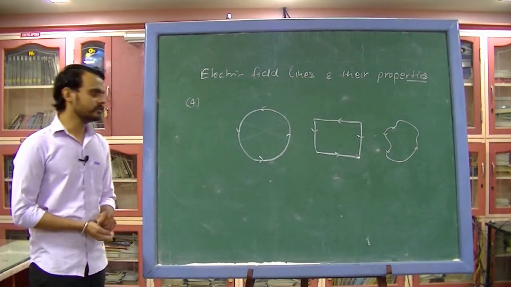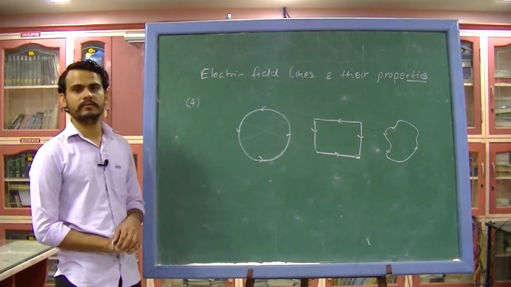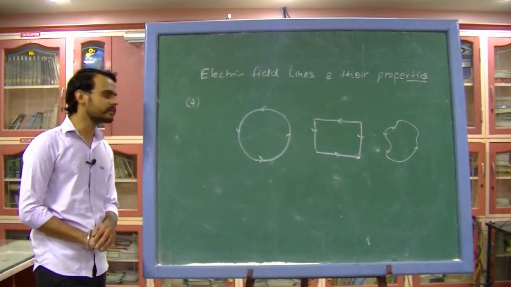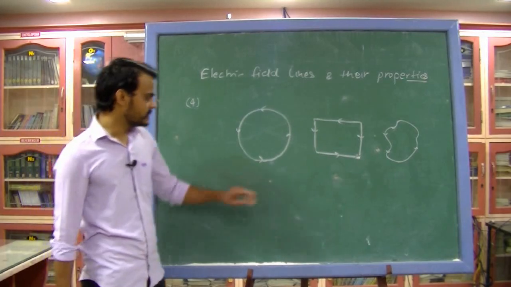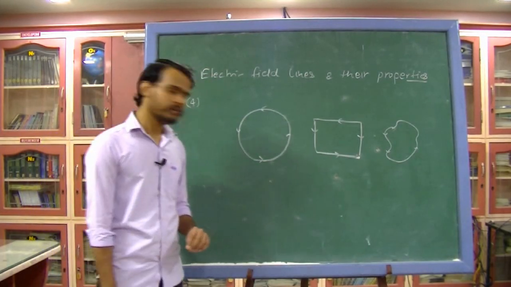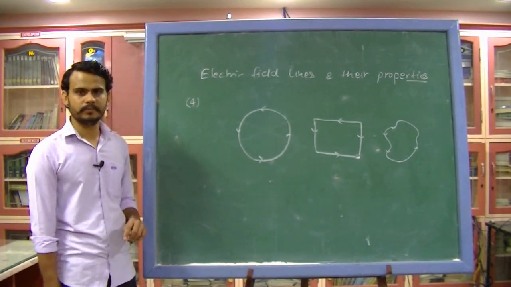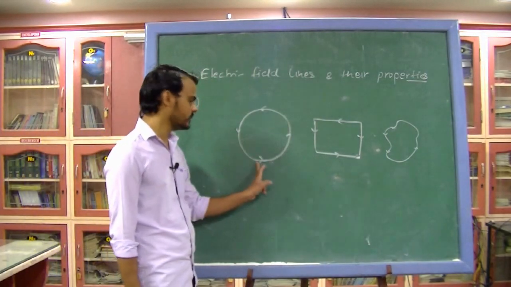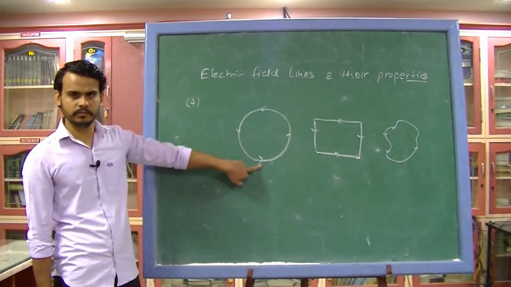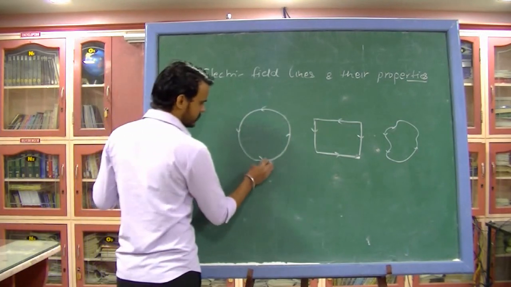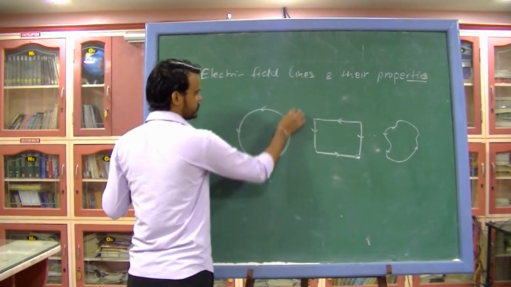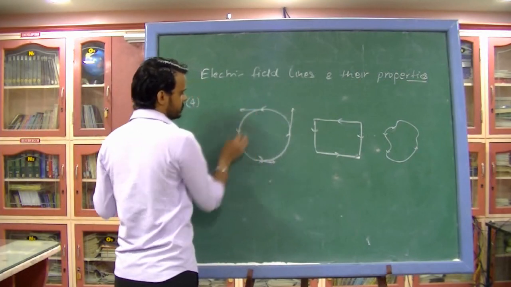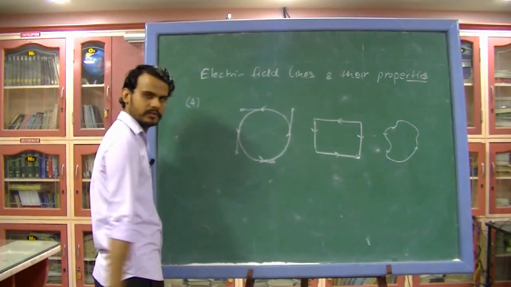Now the explanation for this comes from the fact that electric field is a conservative field. As we know, in a conservative force, the work done in a closed loop should be 0. So if you start from this point and go through this path and come back to this point, the total work done should be 0. If you start from here, the force will be in this direction, here along this direction, here along this direction, and here along this direction.